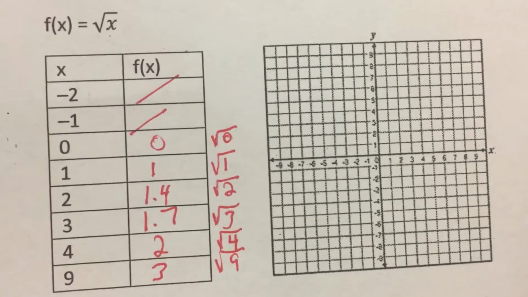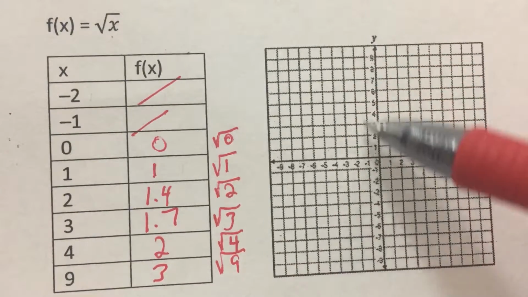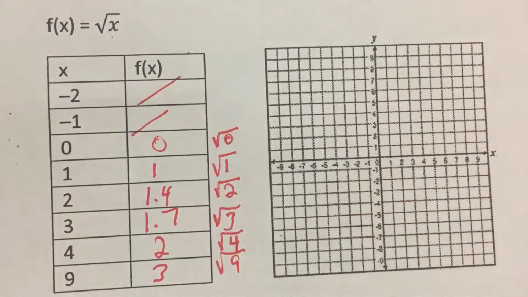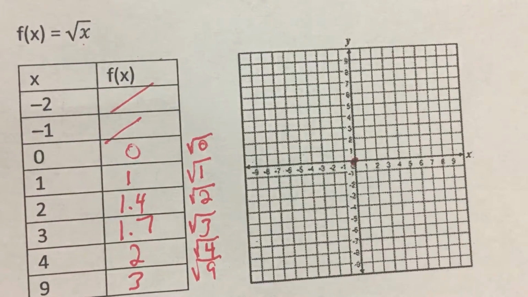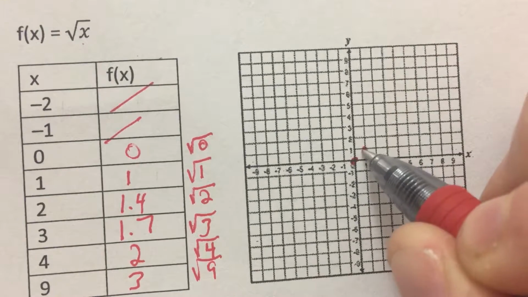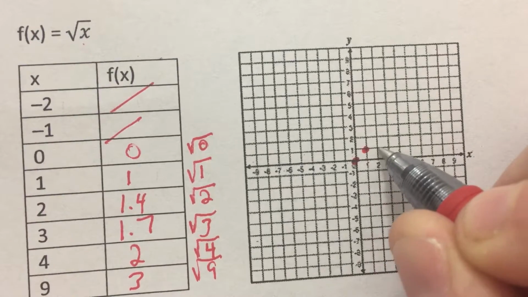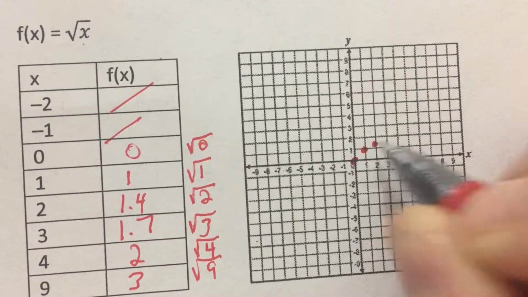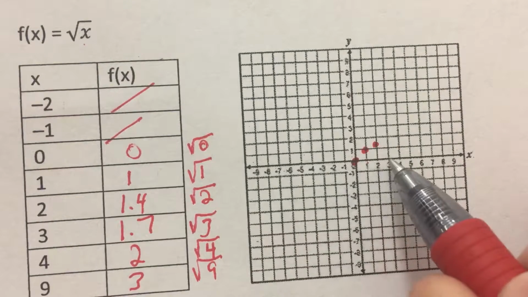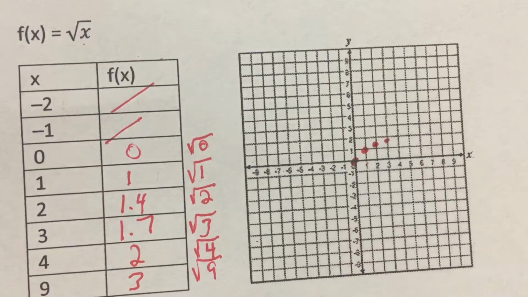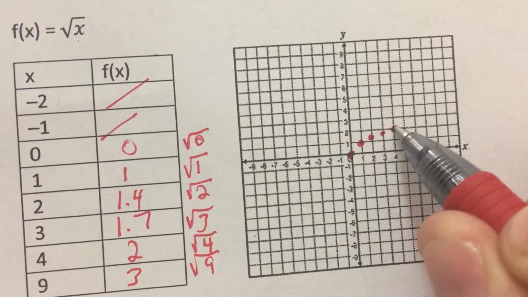If I come over here to the coordinate plane, the first thing you'll notice is that because you can't plug any of these negative x values in, no part of the graph exists on this left-hand side in quadrants 2 and 3. The first point I can draw is 0, 0, then the point 1, 1, then the point 2, 1.4, which would be to the right 2 and up about 1.4, so I'm going to estimate it about right there. 3 and 1.7 is to the right 3, a little bit more. 4, 2 would be to the right 4 and up 2.